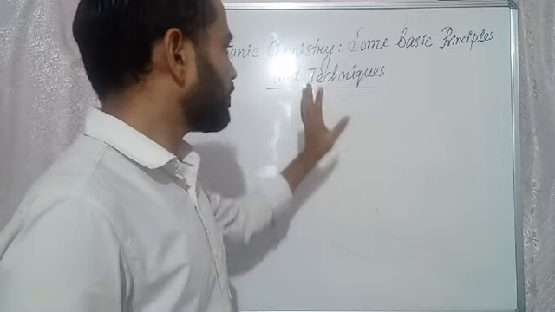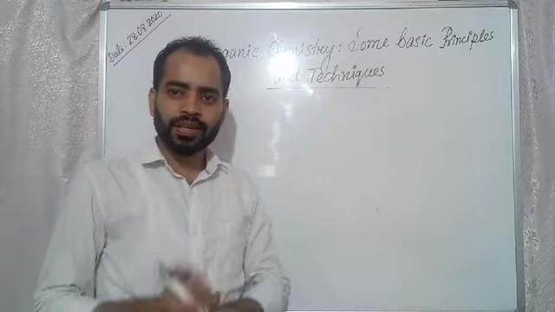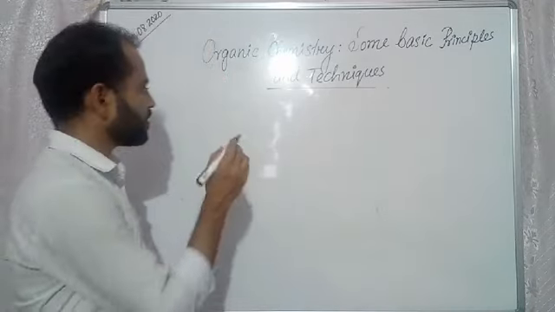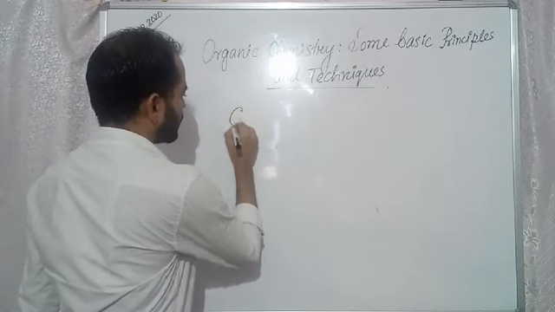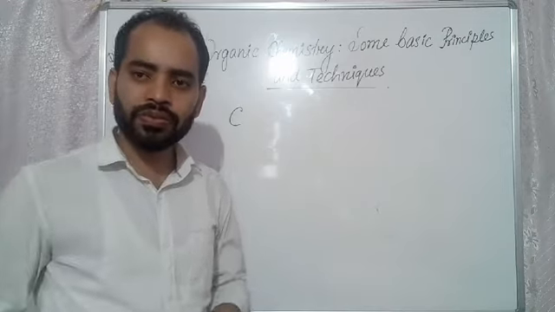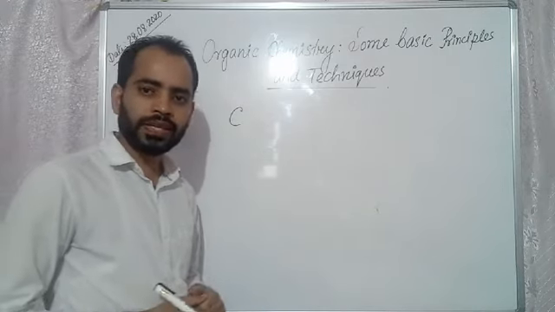Now before going to the details of this chapter, as this chapter deals with carbon and its compounds, so first of all we should know this is the symbol of carbon. What is the atomic number of carbon? Hope every one of you knows the atomic number of carbon is 6.